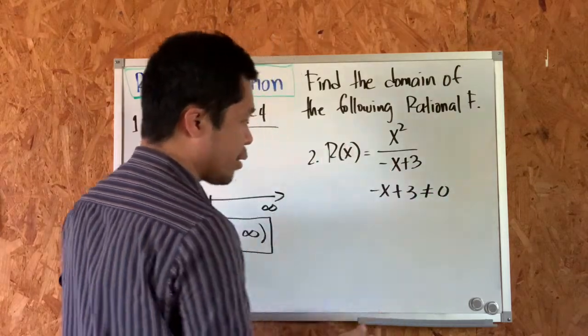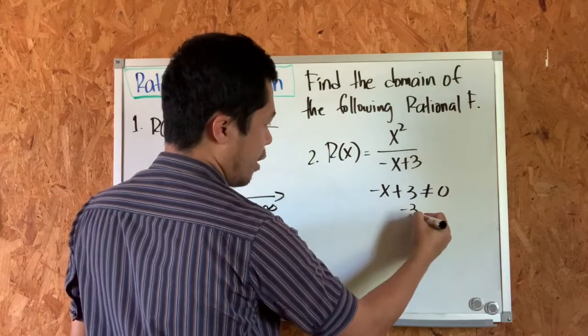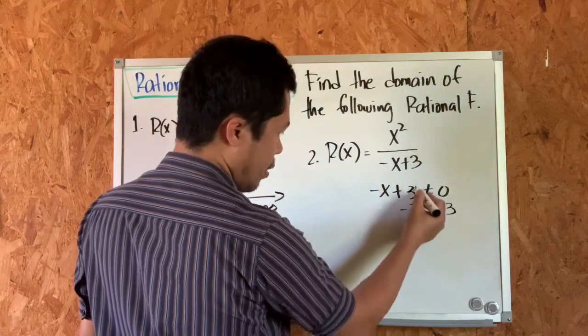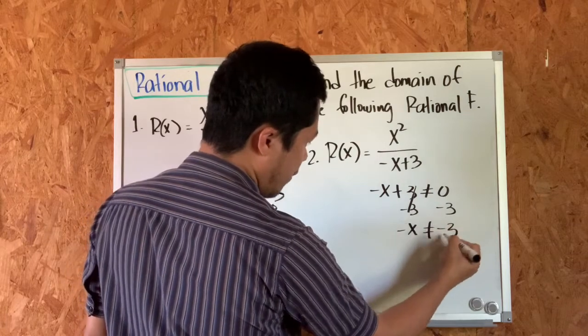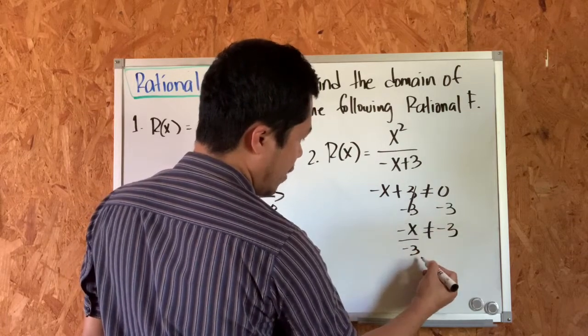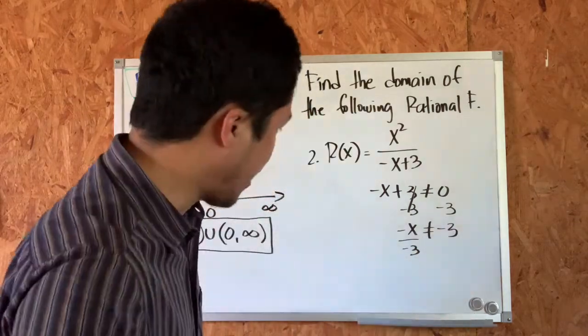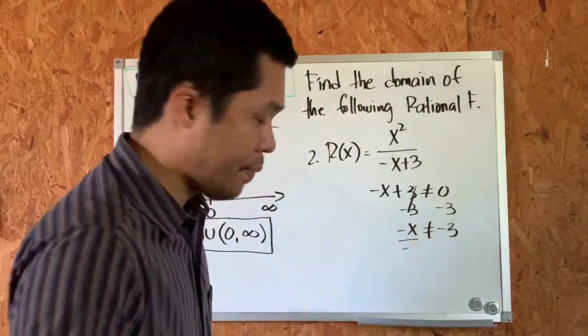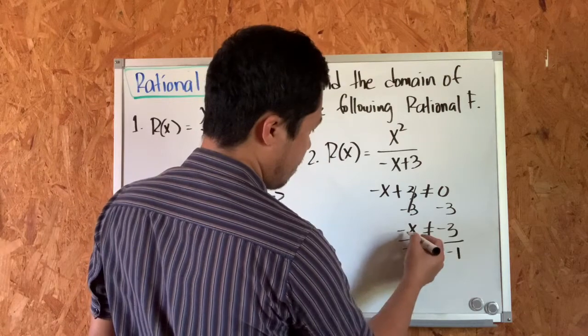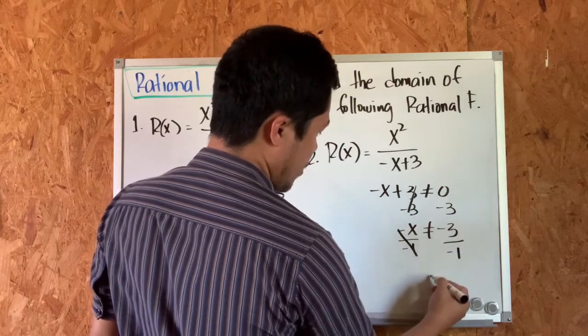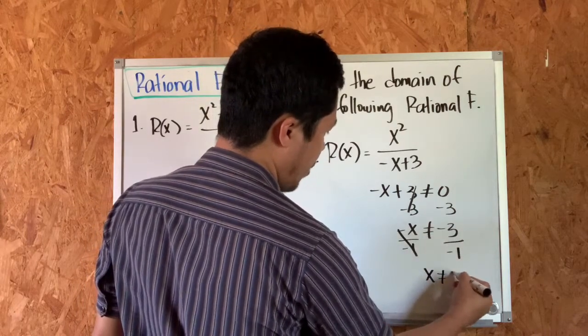It should not be equal to 0. So subtract 3 on both sides. We will cancel that. Negative x should not be equal to negative 3, divided by negative 1. So x cannot be equal to positive 3.